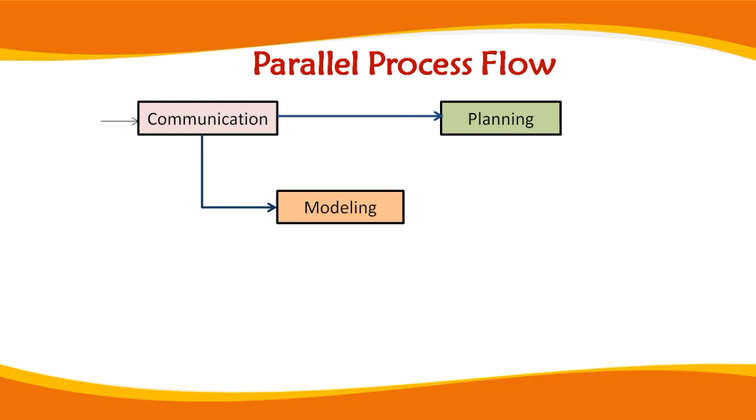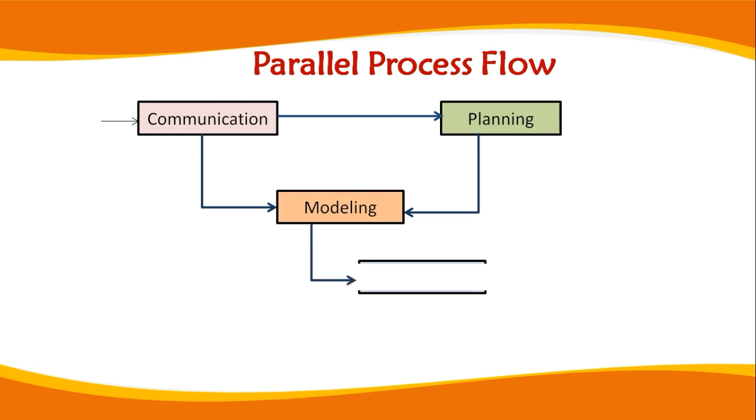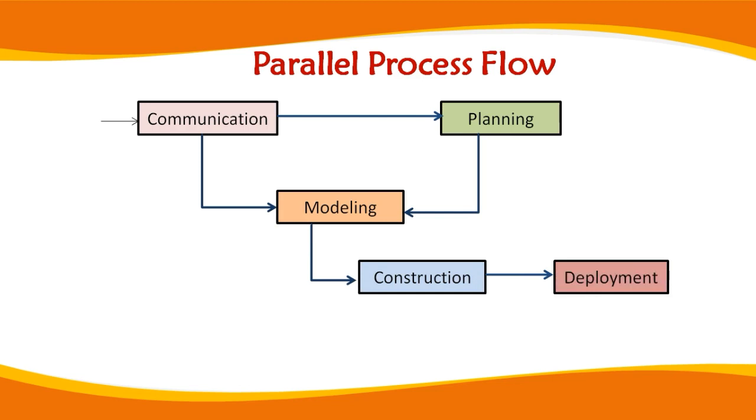If the developer has a clear view about the project or product, they can go directly for modeling without going for planning. After the modeling, they try to construct, means writing code and testing. After that they deploy the project, so they can follow this direction or that direction. That is parallel process flow.